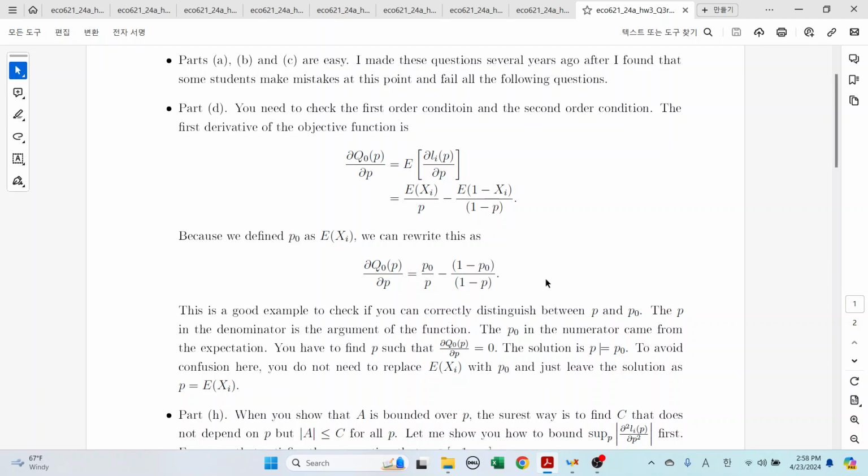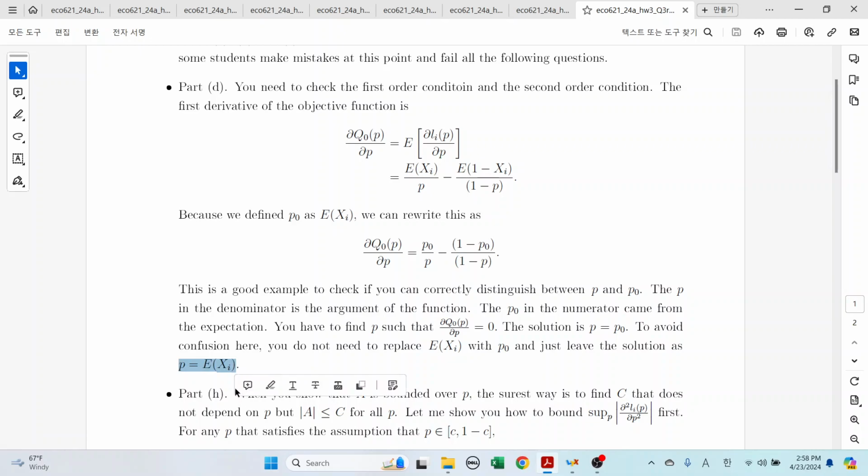So different notation for different purposes. And if you were confused, what I recommend is just keep the expectation as an expectation. In the end, you just want to show that the solution is P equals the expectation. That would be the same thing. Of course, the convention is starting with P0 usually, but it does not matter even if you do not use the P0 notation. Not a problem. Okay, let's go to part H.